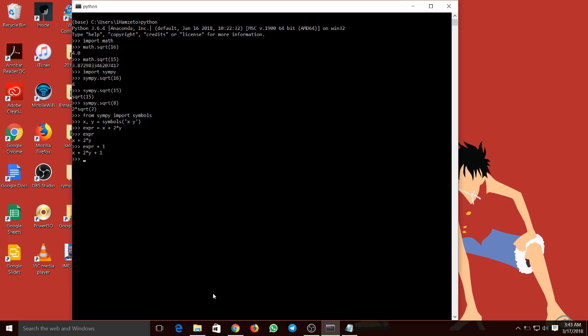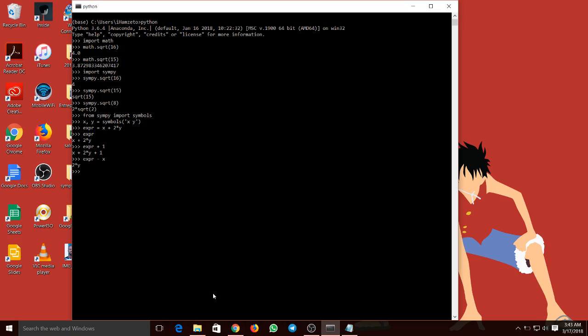Now that I put expr plus 1, it has added 1 to our previous equation. Now if I want to subtract, if I want to remove the x, I'll put expr minus x.